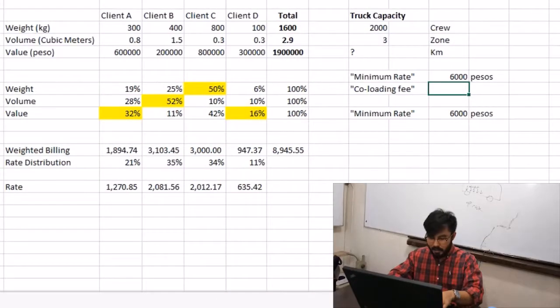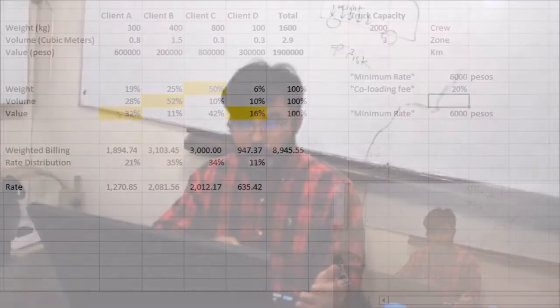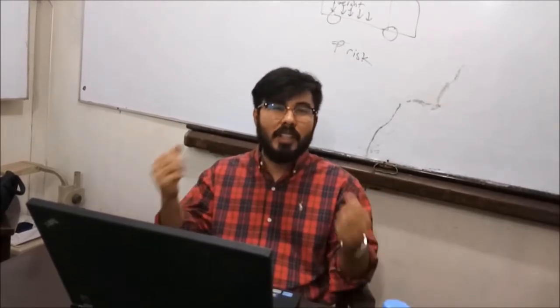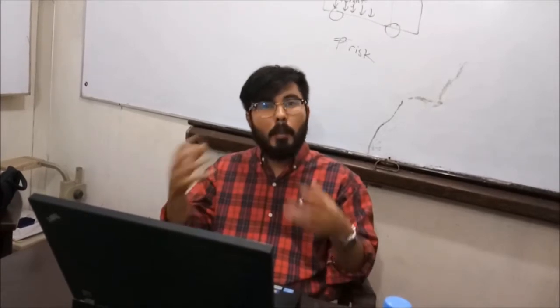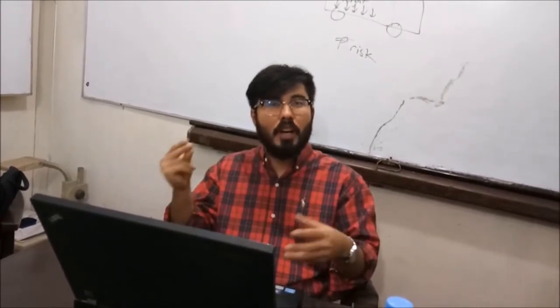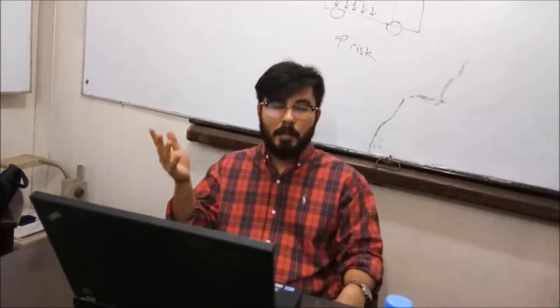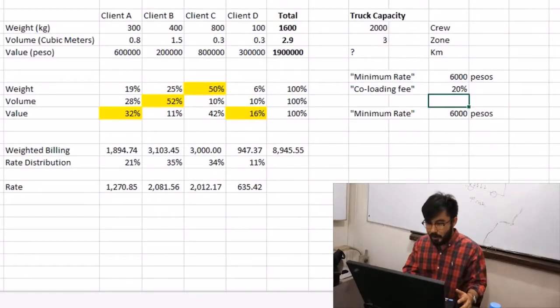So let's say it's a 20% co-loading fee. Let's just say we don't know yet. I mean, we have to maintain IT systems to capture the data required and maintain the software required to come up with these distributions on the fly and to present the data properly. So I'm going to charge a co-loading fee.